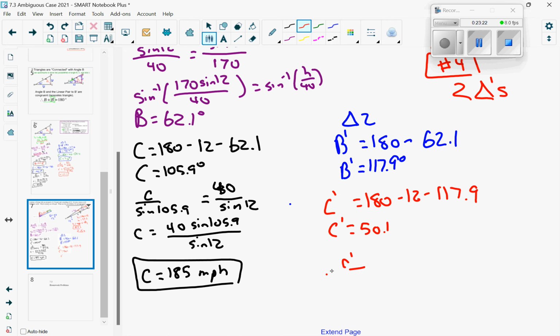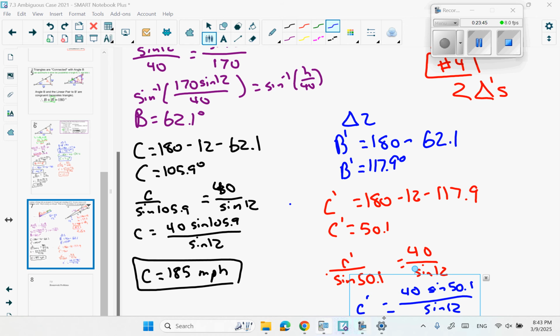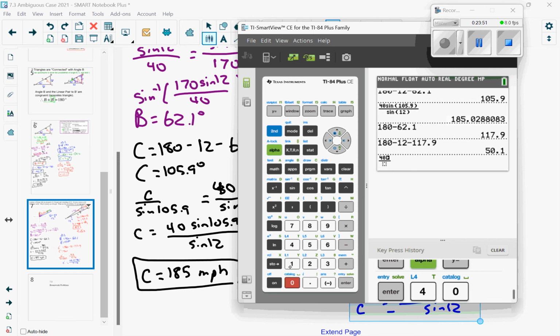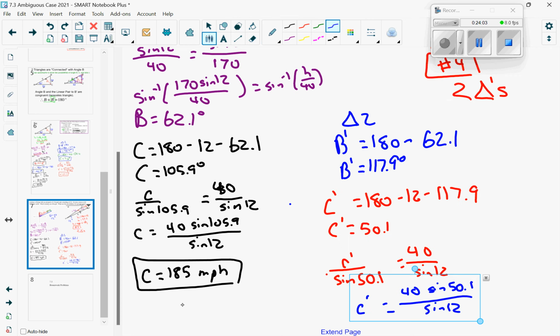Therefore, little c prime over sine of 50.1 has to equal 40 over sine 12. Multiply both sides by sine of 50.1, so little c prime would equal 40 sine of 50.1 all over sine 12. And we get that little c could also have been 147.6.